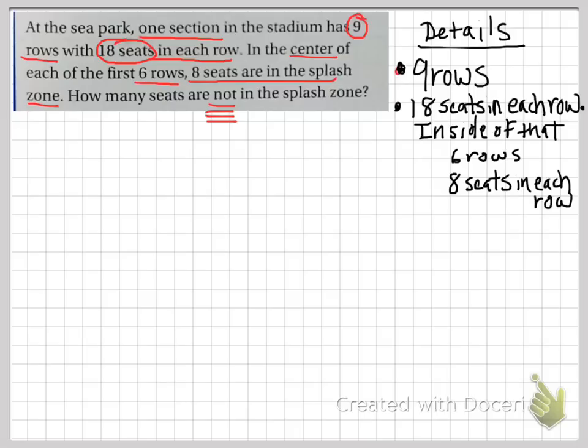So that's important information inside of that. Okay, so it would be helpful to draw a diagram of this. So we've got 9 rows with 18 seats in each row.